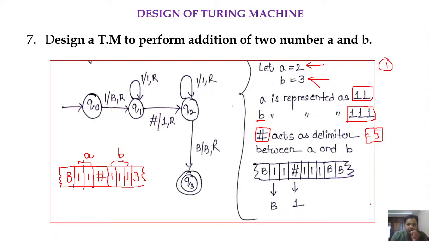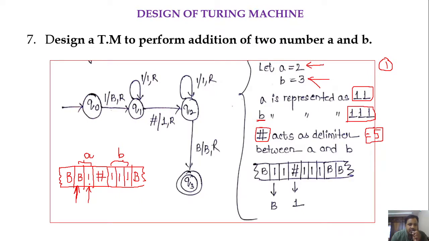So how do we do this? First, start from the initial state q naught, with the head pointing towards the first one in the input A. Whenever you get the 1 in q naught, replace that 1 with a blank and move the head towards the right. We keep moving the head towards the right until we get a hash, a delimiter.